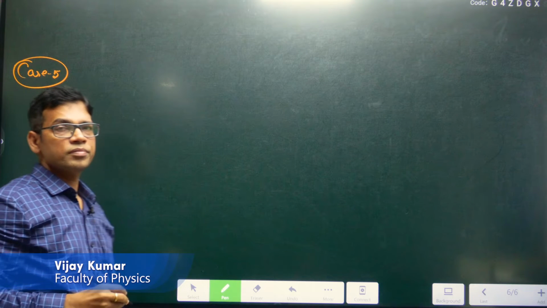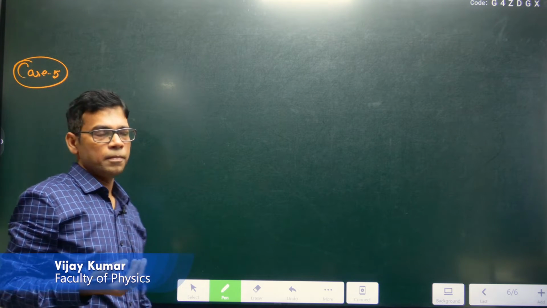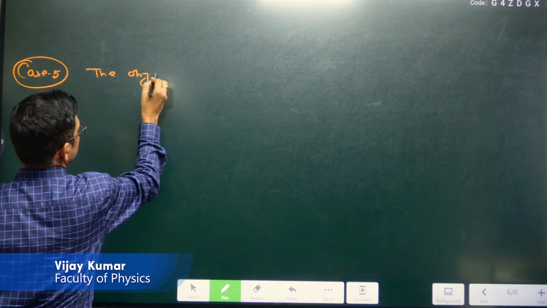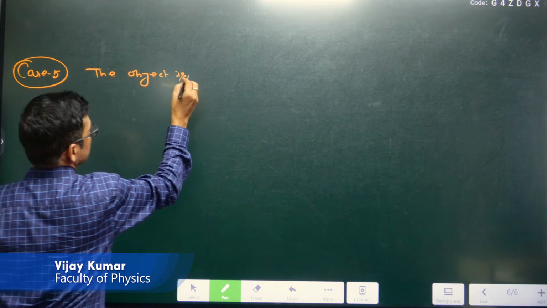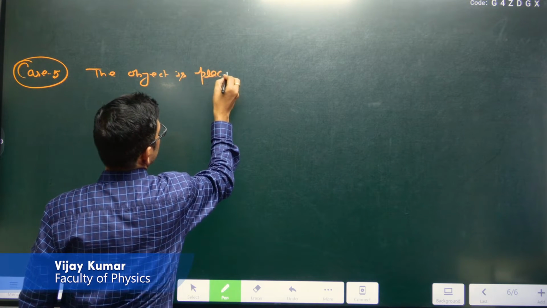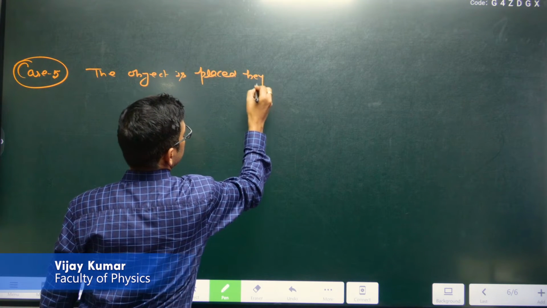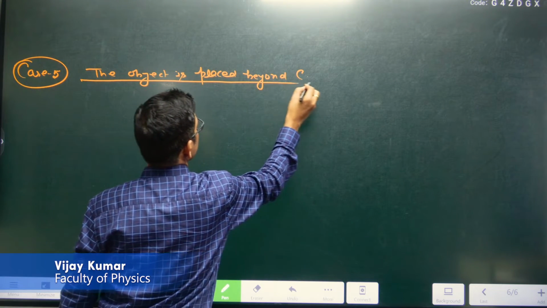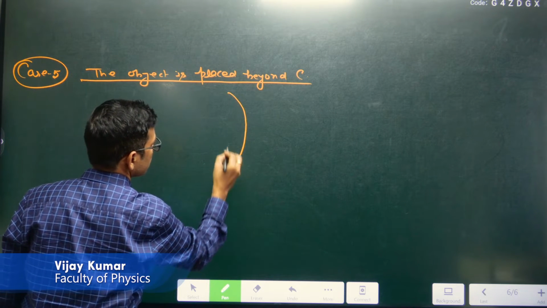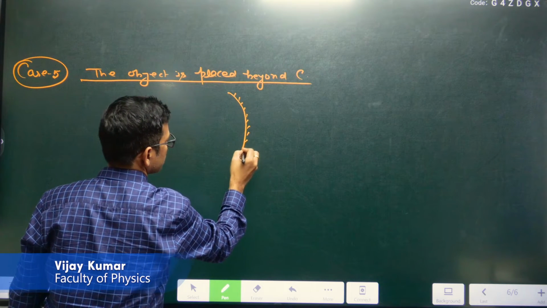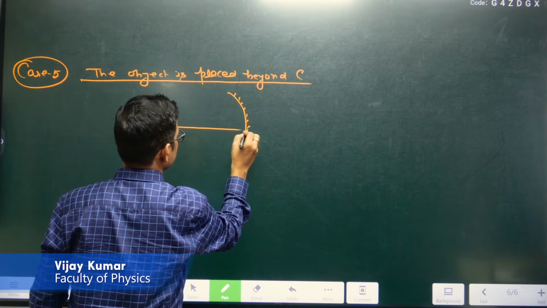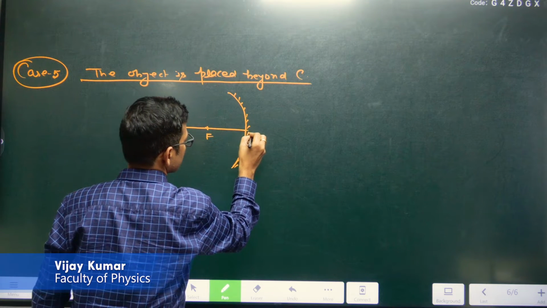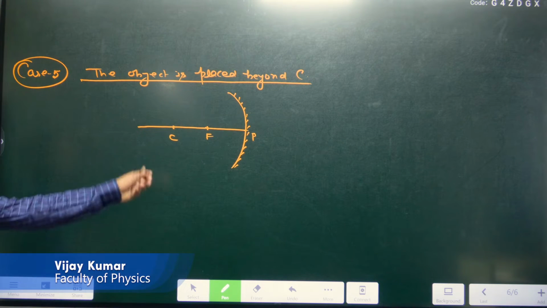Now come to case number 5. In case number 5, the object is placed beyond C. This is your center of curvature, this is your focus, and this is your pole.